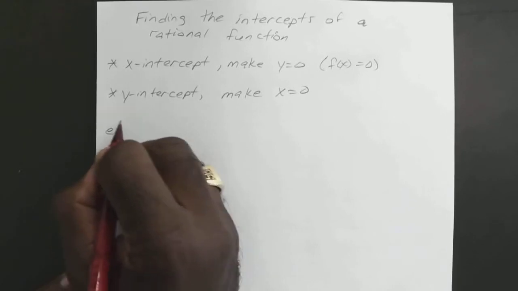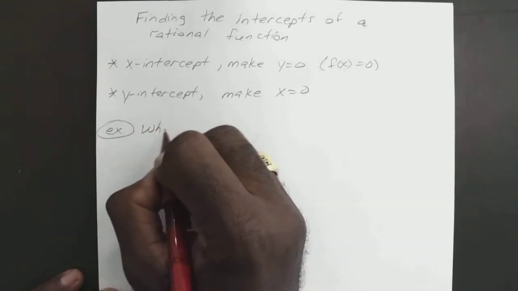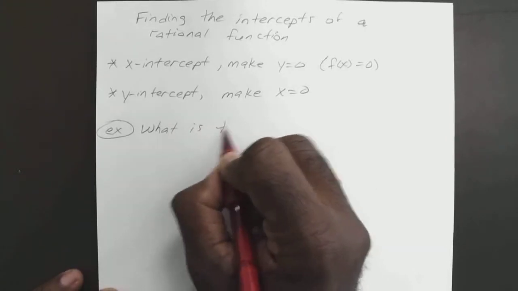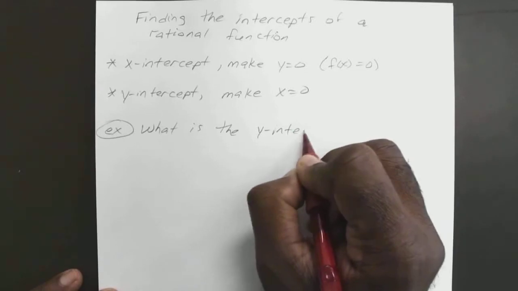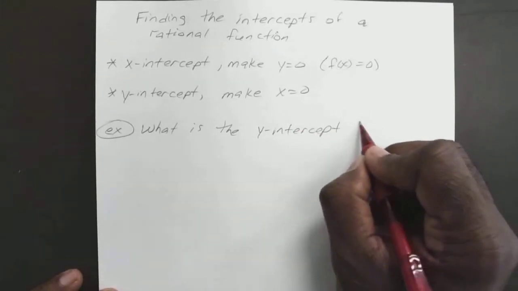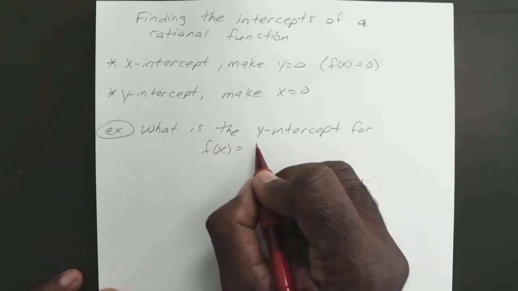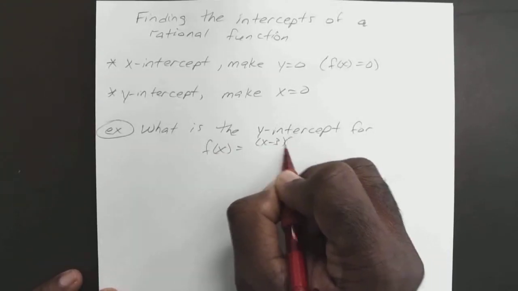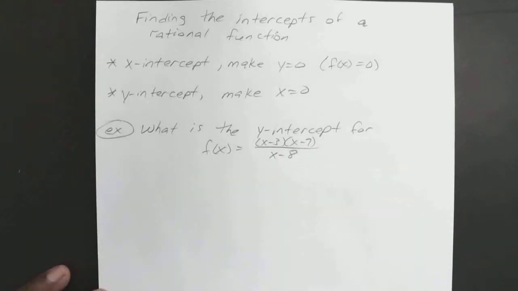All right, so for example, let's say what is the y-intercept for f of x equals x minus 3 times x minus 7 over x minus 8.